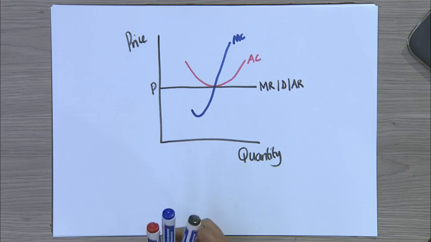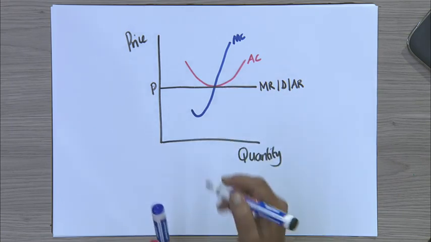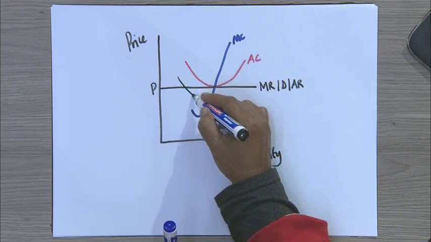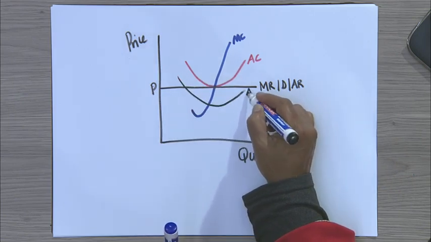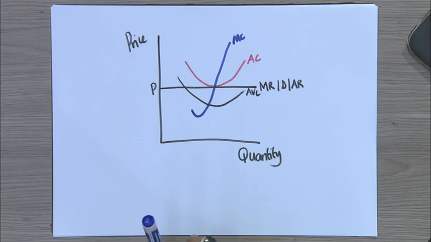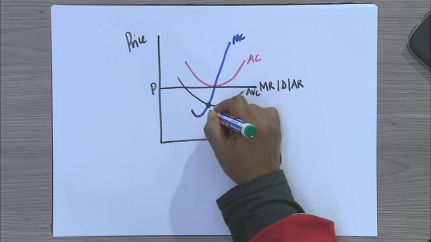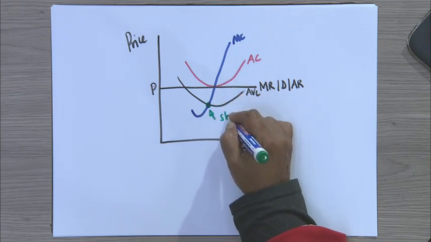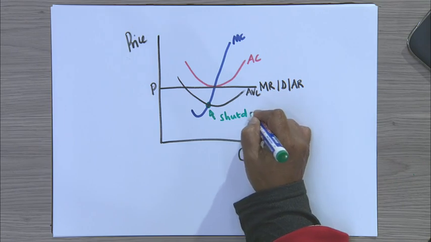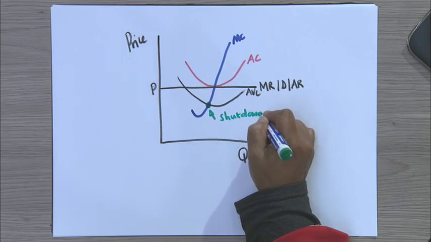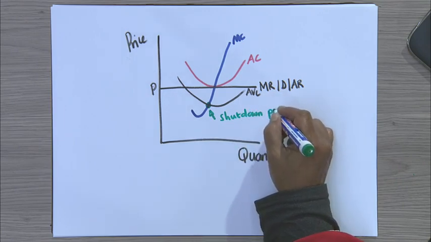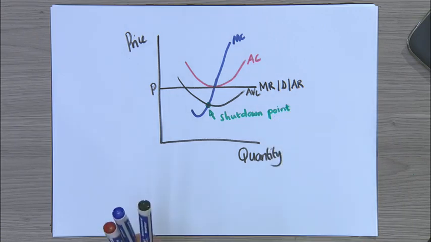Right, and if I put another, that is your AVC. And where the AVC meets MC, that there is what we call the shutdown point.